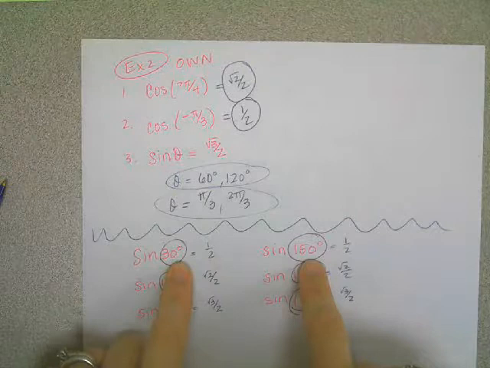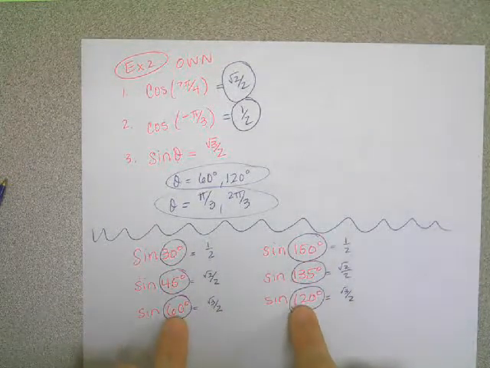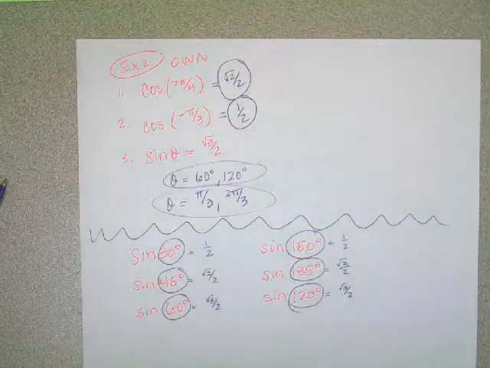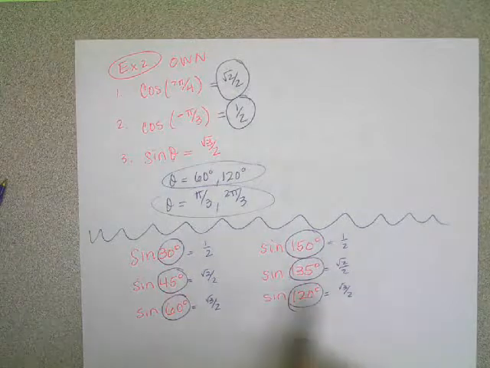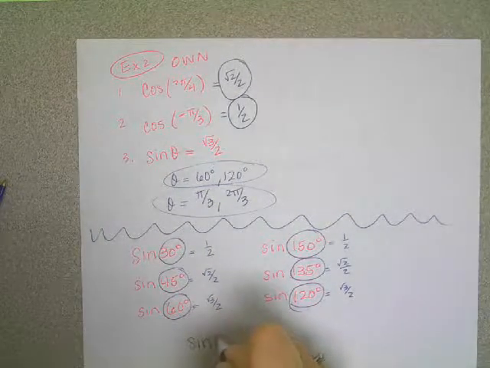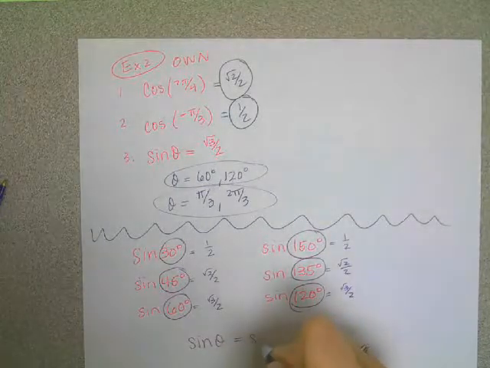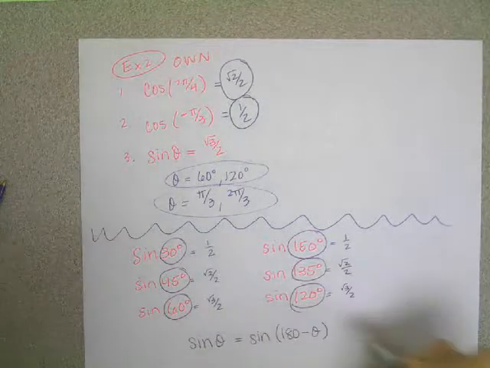These two angles will add to 180, these two angles add to 180, and these two add to 180. Therefore, their answers are all the same. So what you should notice is if I ask you to find sine of theta, that's the same thing as finding sine of 180 minus theta.